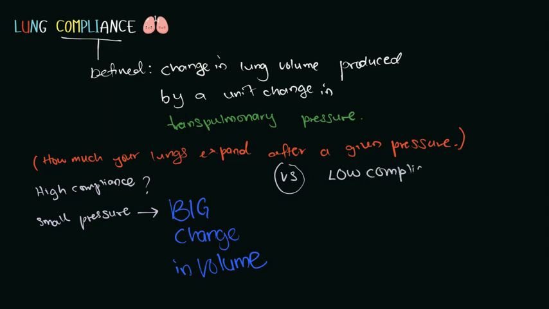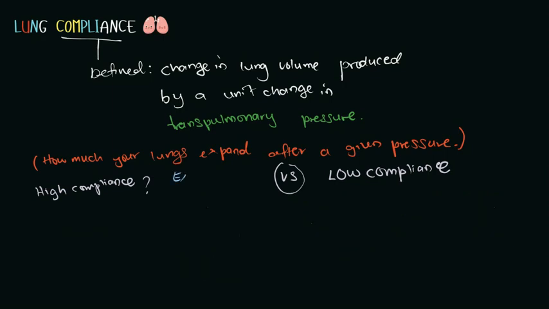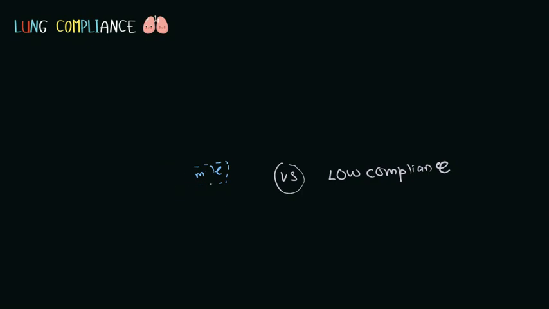Contrasting that with a lung with low compliance, it means that high pressure will only cause a small change in volume, and a bigger pressure is needed to achieve the same volume as the lungs with high compliance.